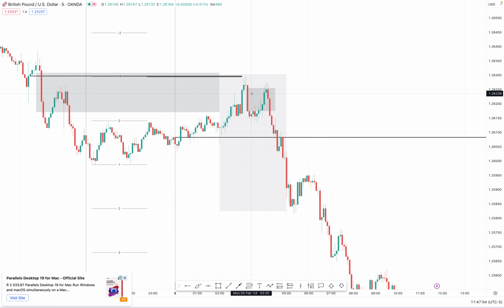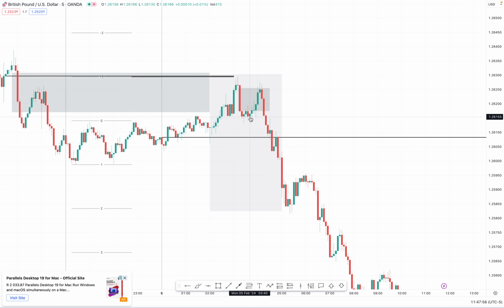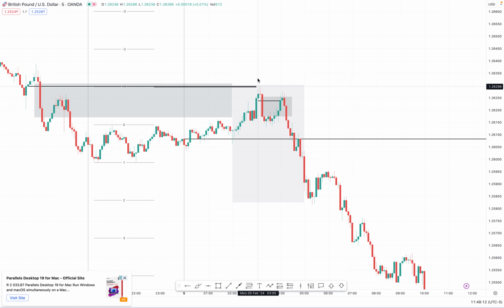That's your order block, fair value gap that you're looking at. So you could sell in this area, actually in the fair value gap, but I would wait for it to hit the top end. So top end means the highest 50%.